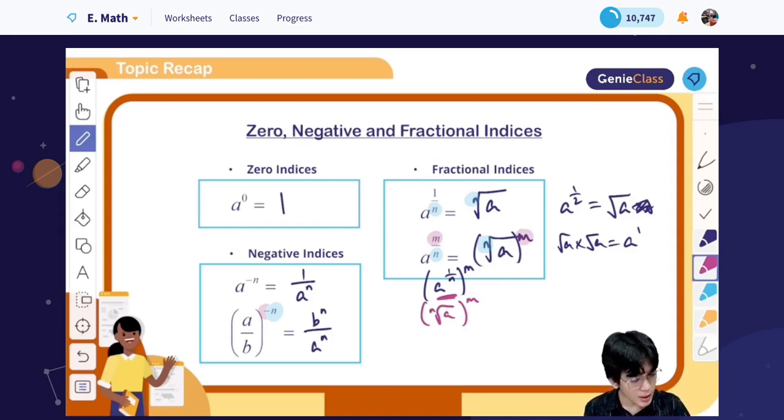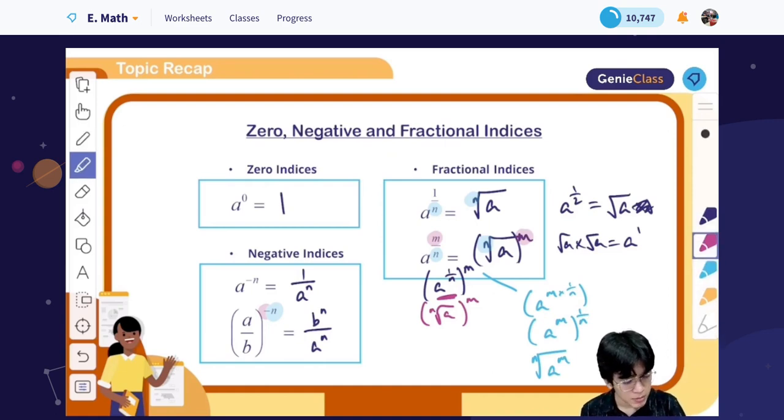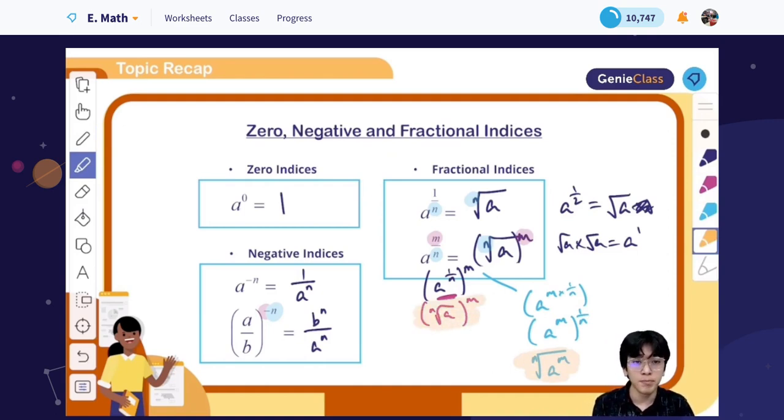But you can also write it as a power m times 1 over n, which is the same as a power m, and then power 1 over n. So you can write it as the nth root of a power m. So this thing is exactly the same as this thing. It doesn't matter which one you write it as, but when it comes to calculations, one of them will be easier to calculate, of course. Okay, Nicole?